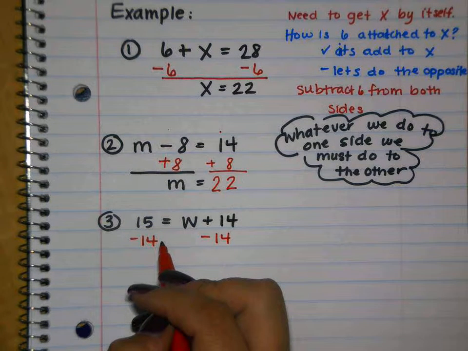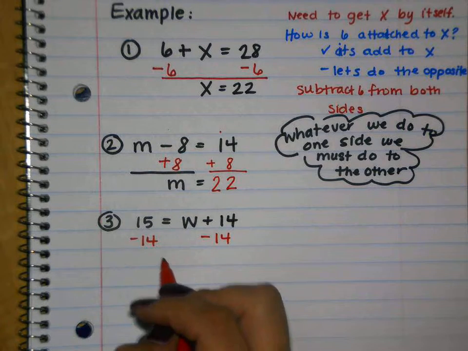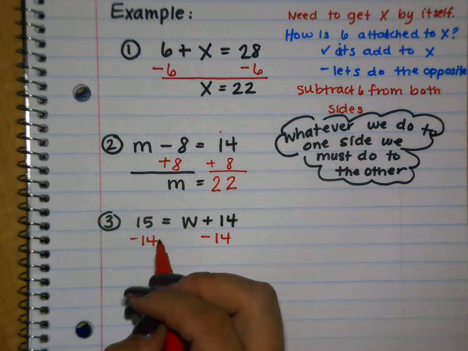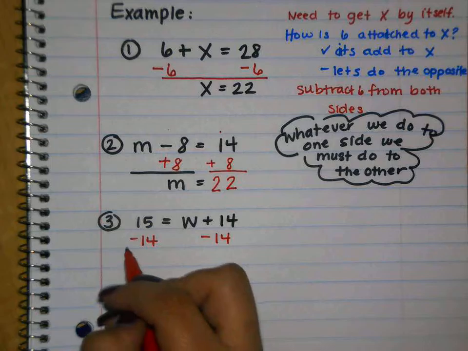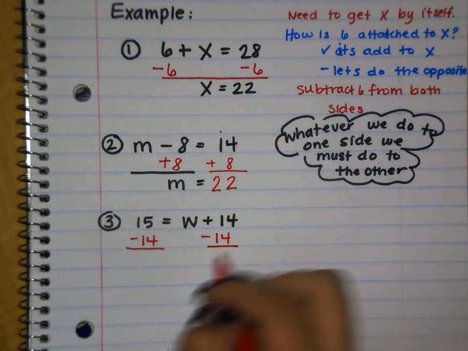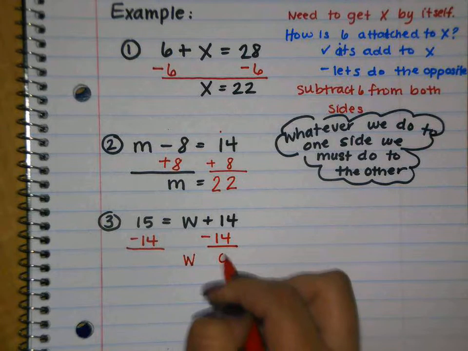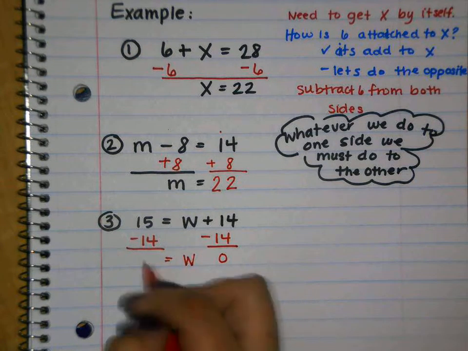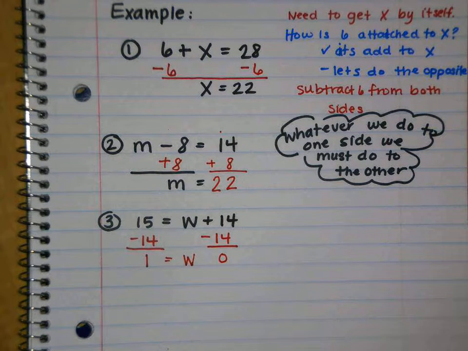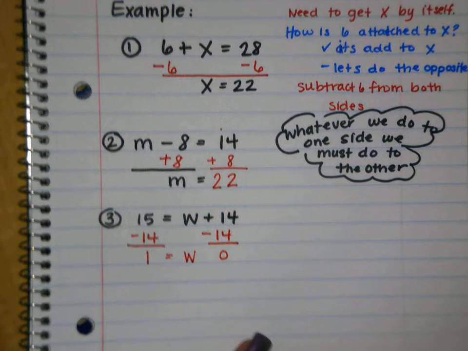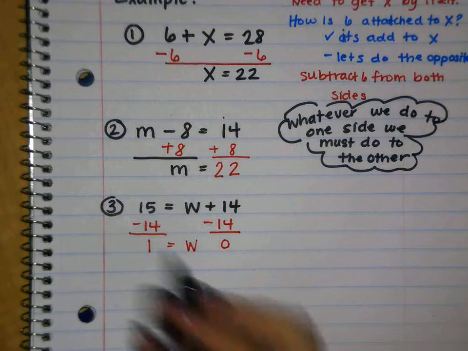So if we subtract 14 from both sides, we're going to get W on this side because this becomes a 0. And on this side, we're going to be left with 1. So that gives us W equal to 1.